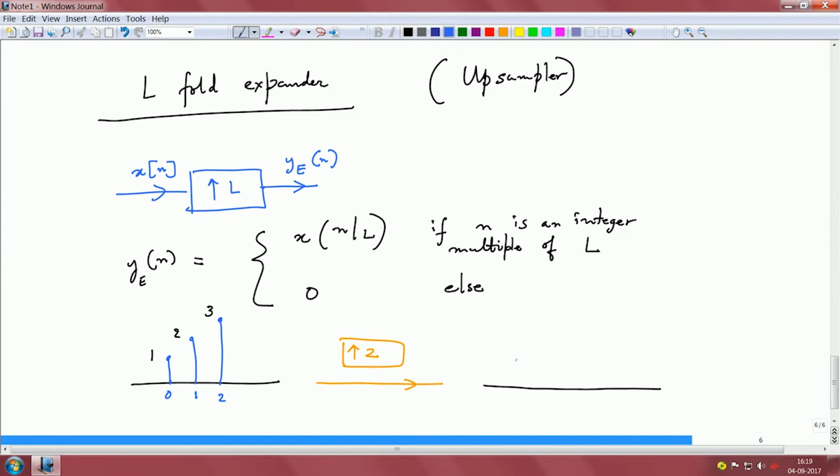So, we retain 1, at the next time step I have a 0 because it is 0 otherwise, then I retain 2, 0 otherwise, retain 3, 0 otherwise.